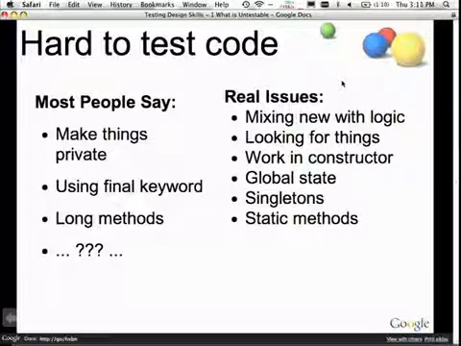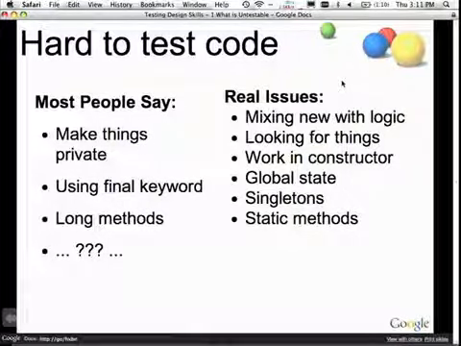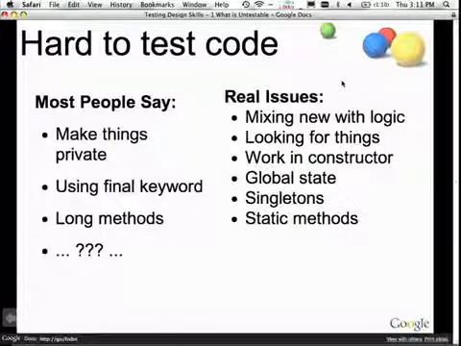So here's the kind of problem. I don't want to get into it too much because there's a couple of slides later where we're going to cover this. But the basic issue is this. If you have a leaf method, such as math.absolute value, piece of cake to test, right? Because it's a leaf. It doesn't call anybody else.